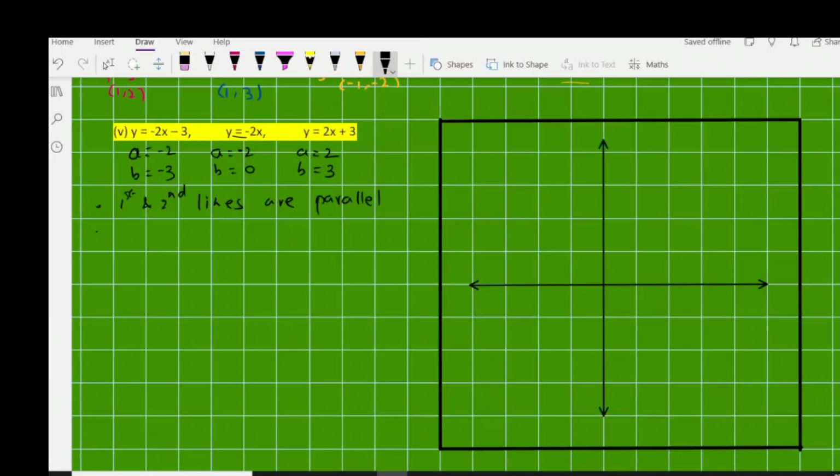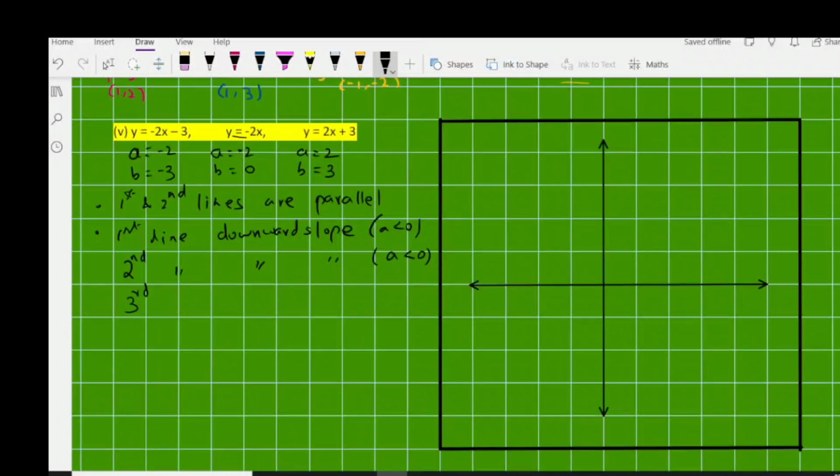First and second lines are parallel to each other. For the first line, downward slope, because A is negative, A is less than 0. Second line also, A is negative, so downward slope.